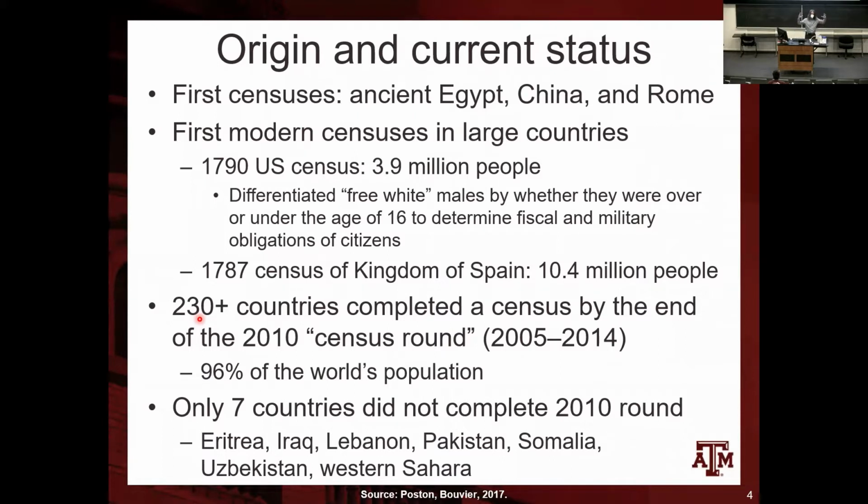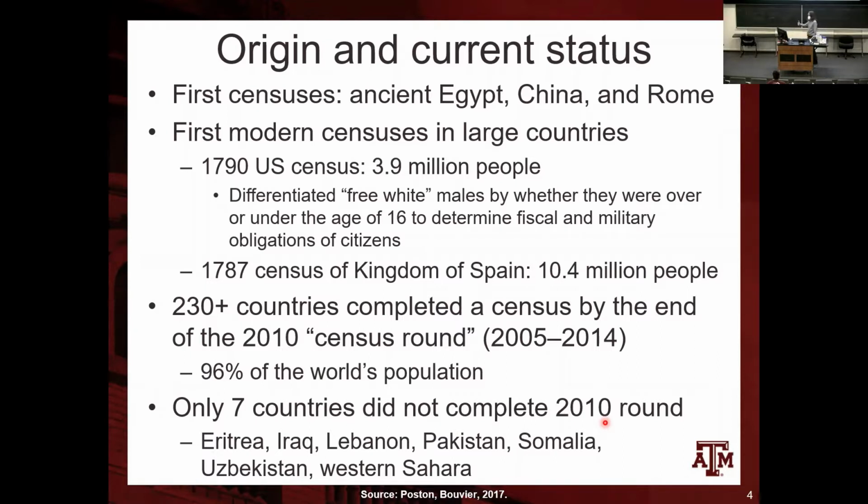So for what is called the 2010 census round, census collected between 2005 and 2014, more than 230 countries collected data about that population, and that's around 96% of the world's population. Only 7 countries did not complete the 2010 census round: Eritrea, Iraq, Lebanon, Pakistan, Somalia, Uzbekistan, and Western Sahara, for different political, economic, and historical reasons as well.